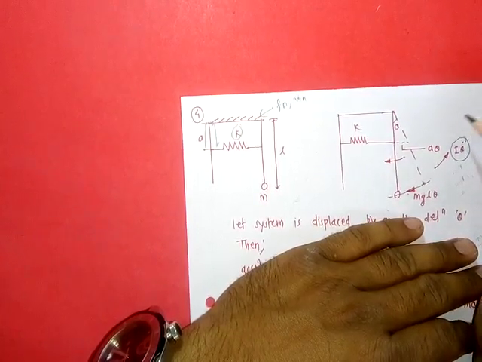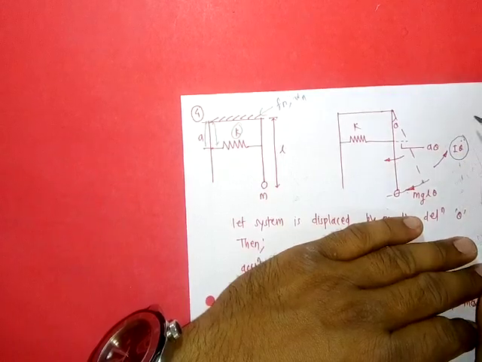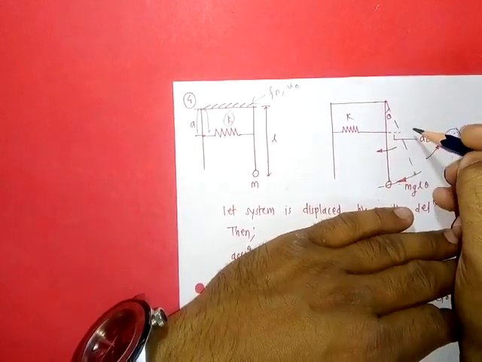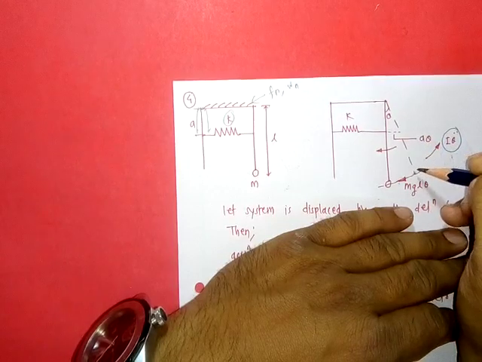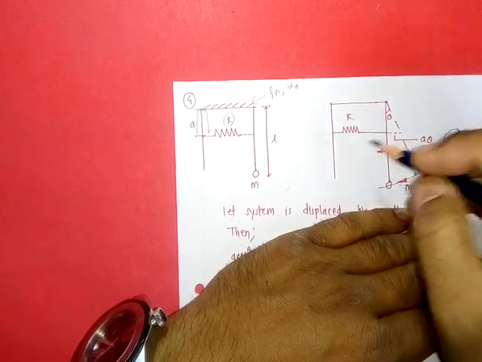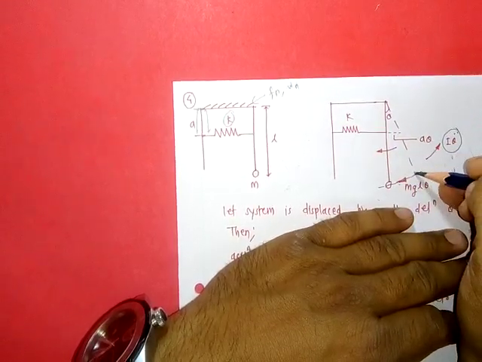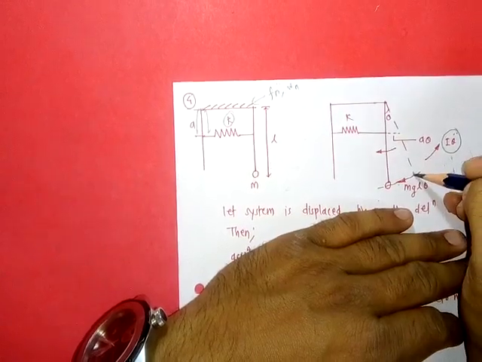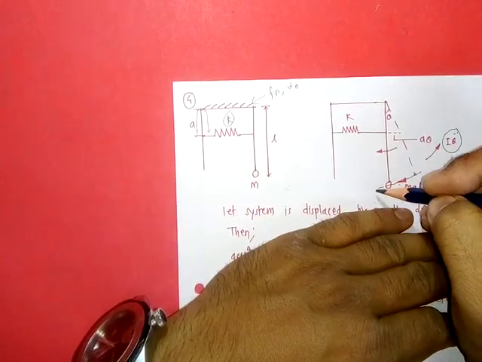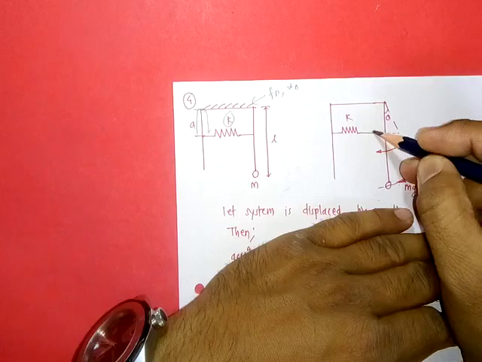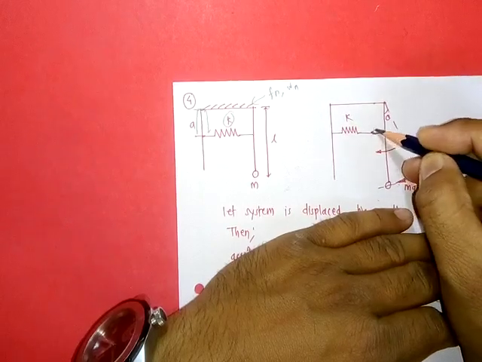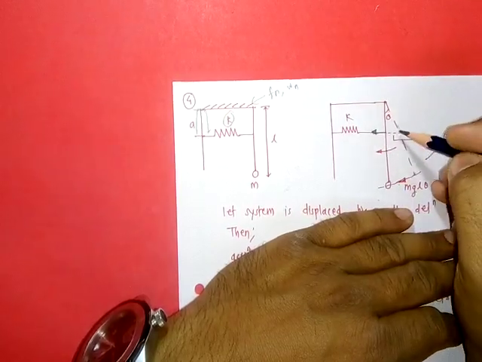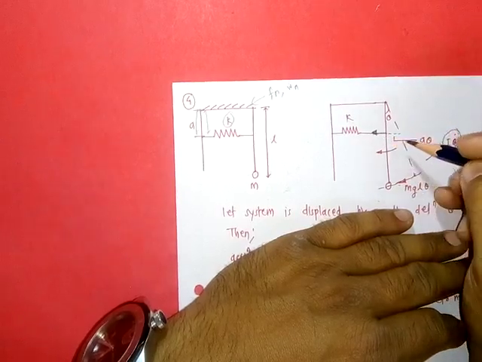But when it deforms in this direction, there will be restoring forces developed. The first restoring force is developed due to its mass. At an instant, one component of weight will try to move it to its equilibrium position, and again there is one spring which tries to move this system to its equilibrium position.